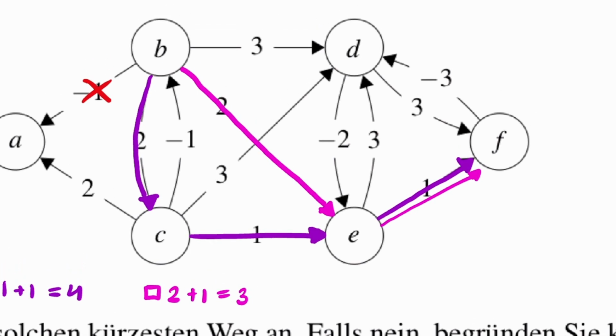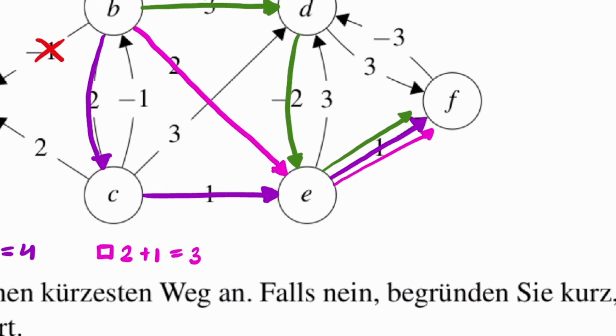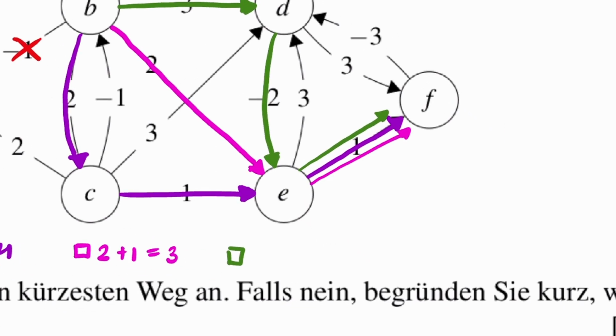And then we can take another one, right? 3, and then from D, we can go to E. So in this case, it's gonna be -2, right? And then again, +1, right? So we're gonna write here 3 -2 +1. That's basically gonna be 2, right?